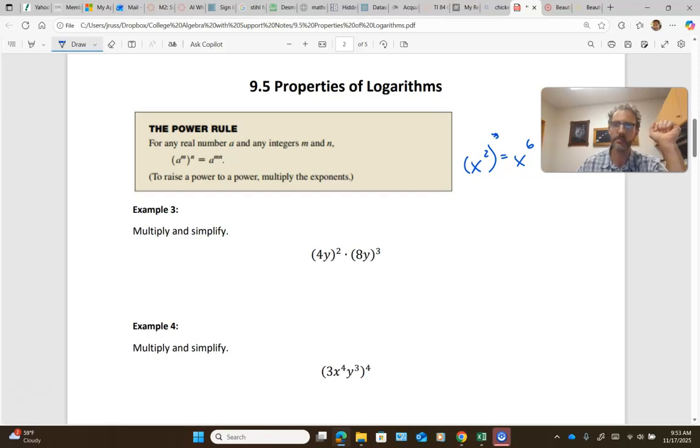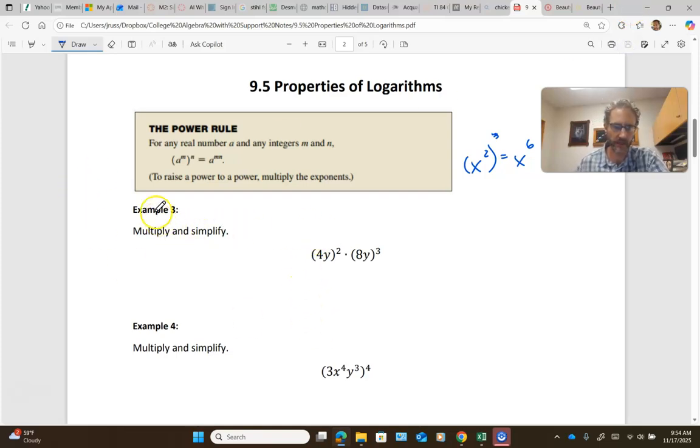And the reason is because what does this 3 mean? Well, this means x to the second times x to the second times x to the second, which then, if you use product rule, is x to the 6th, because you're adding 2 3 times. Now, that's what multiplication is, right? Just repeated addition, essentially.